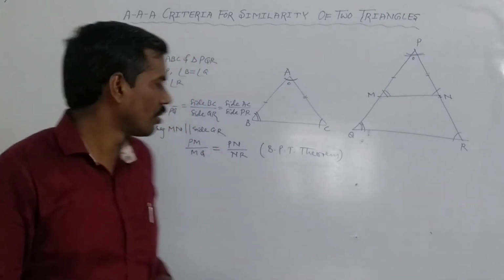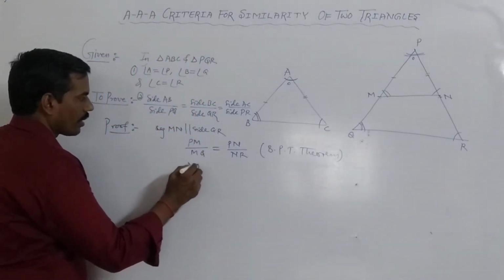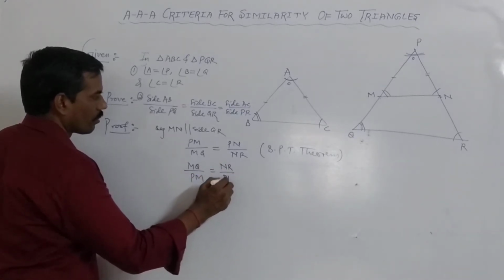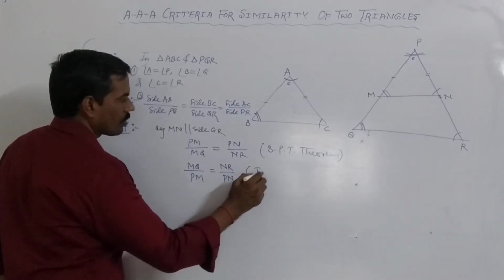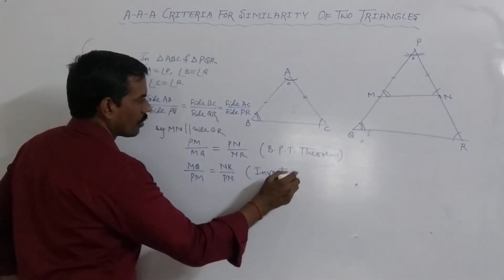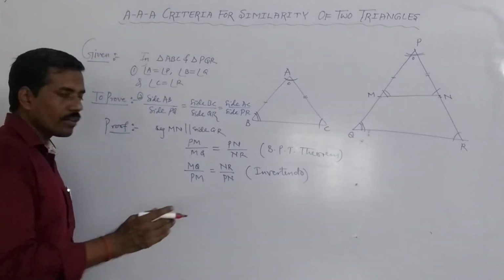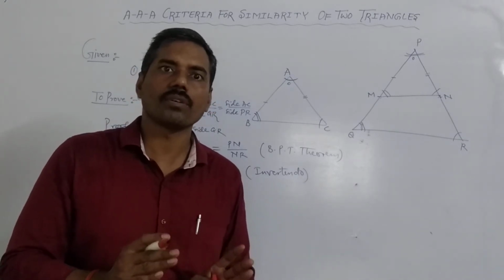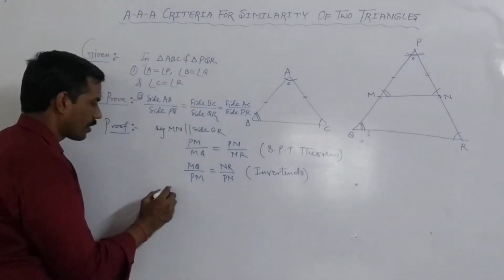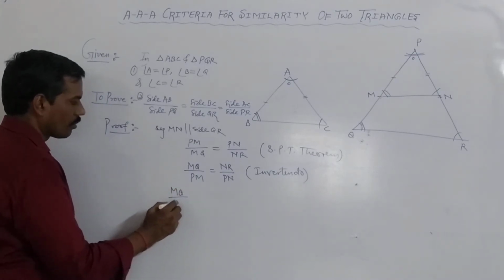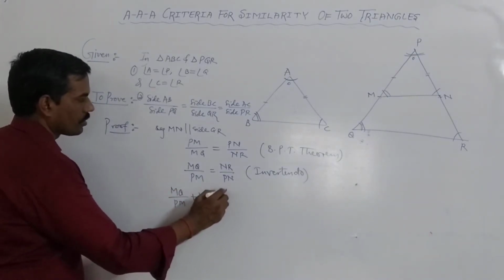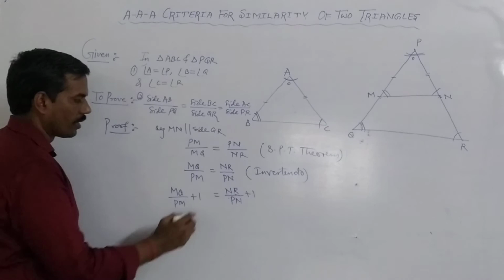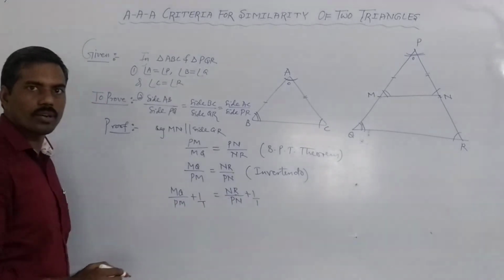Using invertendo, we can write MQ upon PM is equal to NR upon PN. Now adding 1 on both sides, using componendo, we get MQ upon PM plus 1 is equal to NR upon PN plus 1.